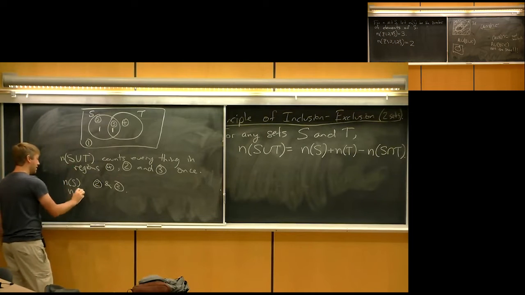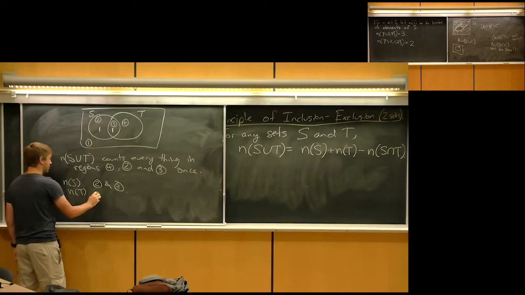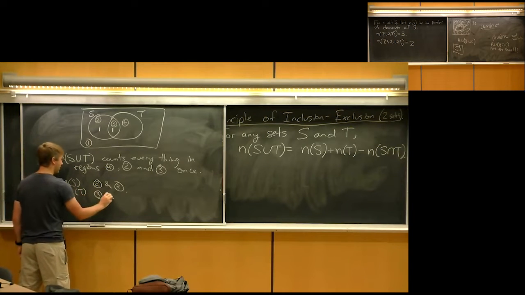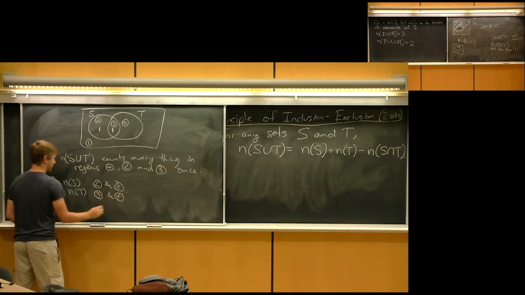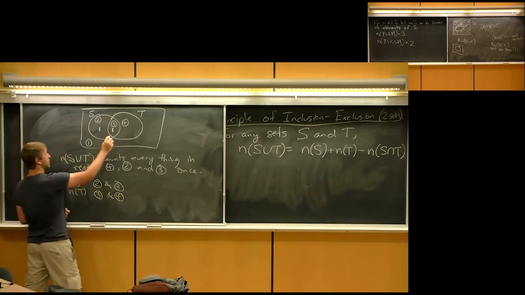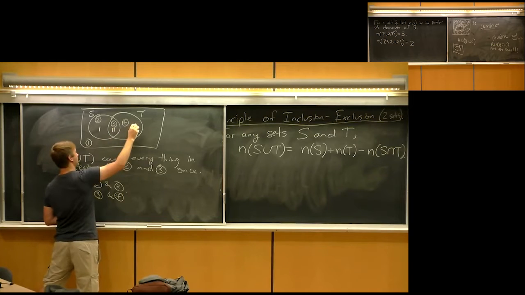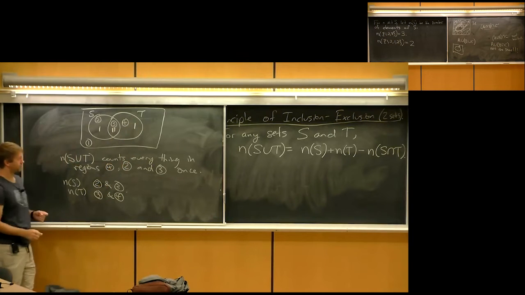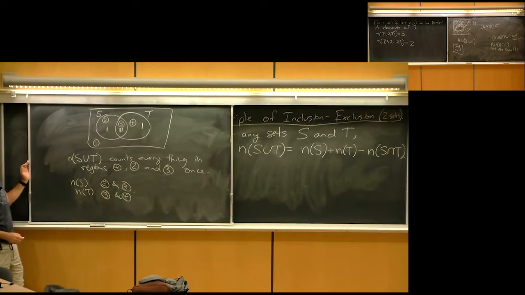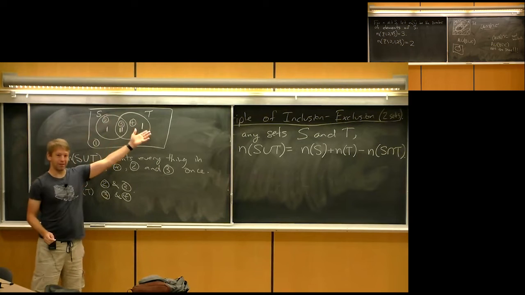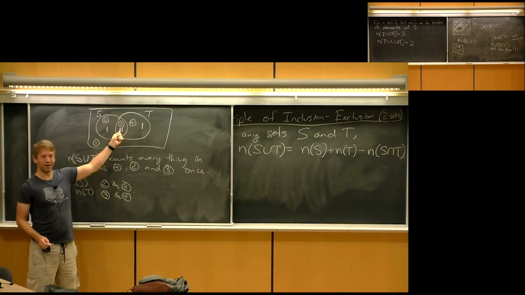When I compute n of T, it counts regions 3 and 4. So now this has been counted twice. Everything in here was counted twice, and everything else was counted once. Okay. So you can see I've counted everything, but this stuff got counted too many times.